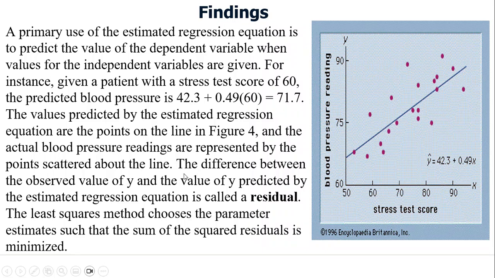And the actual blood pressure readings are represented by the points scattered about the line. So if you look at this kind of regression now, you can see that the correlation is clear. It's clear that it's going positive, because as the stress test score is increasing, the blood pressure reading is increasing.